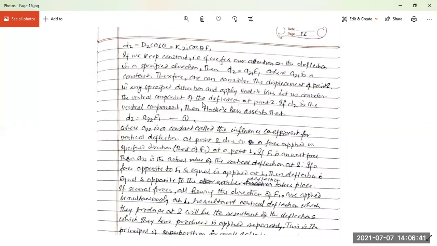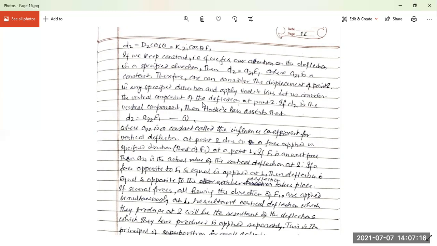Then d2 equals D2 into cos theta, which equals K21 cos theta into F1. If we fix our attention on the deflection in a specified manner, then d2 is A21 into F1, where A21 is a constant. Therefore one can consider the displacement of point 2 in any specified direction and apply Hooke's law.